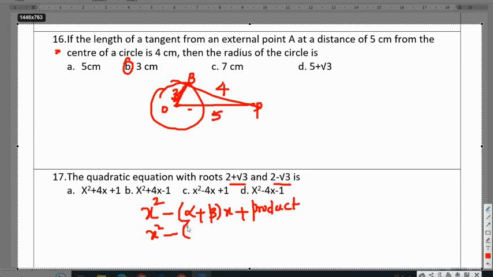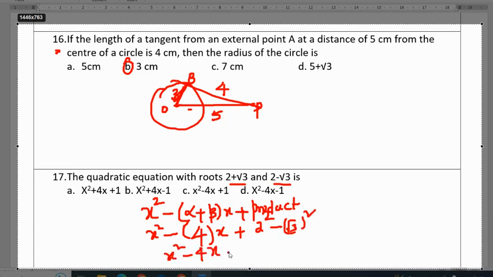Sum: 2 plus root 3 plus 2 minus root 3 will become 4, as root 3 minus root 3 gets cancelled. Product: 2 plus root 3 into 2 minus root 3 is a plus b into a minus b, which is a square minus b square. So 2 square minus root 3 square, which is 4 minus 3. It can be written as x square minus 4x plus 1. So correct option is C.